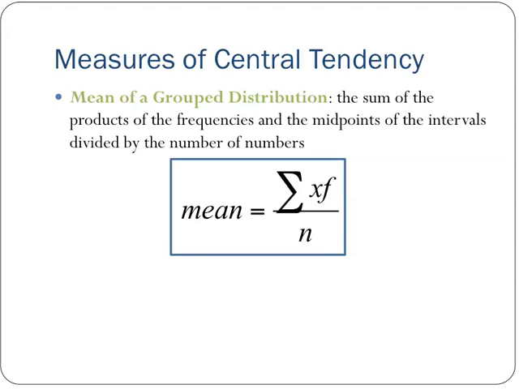So x is the midpoint of each of the intervals, and f is the frequency. How many times is there a data point within that interval? Once you multiply them all up, then you can sum them, and then you can divide by the number of data points that you have all together. So not just the number of numbers that were summed up on top, but the number of total data points that you have.